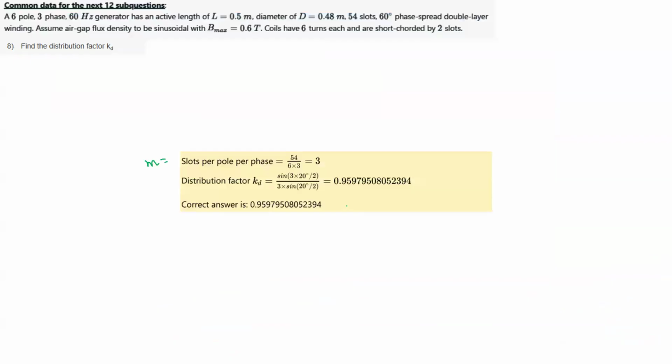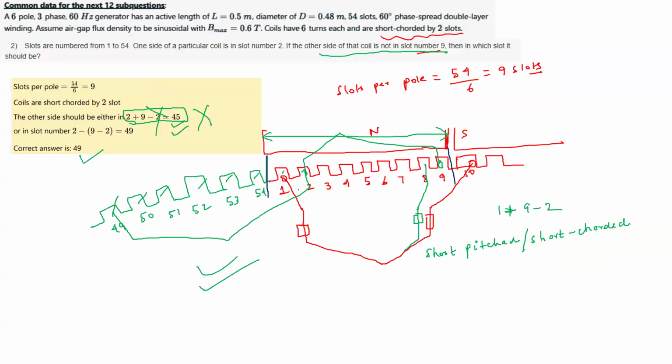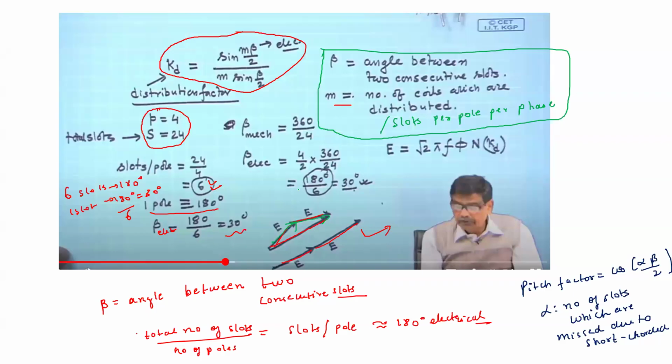Here you can find the slots per pole per phase and feed it in this formula: sine m beta by 2 by m sine beta by 2. This is the exact formula, where beta you have to put in electrical degrees.